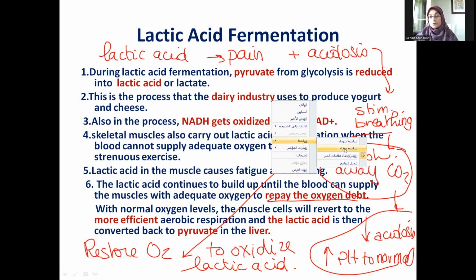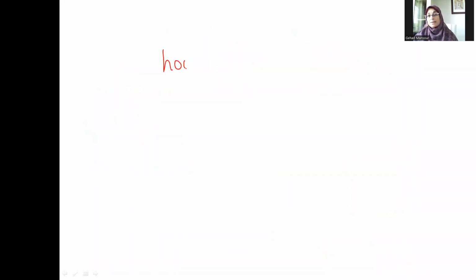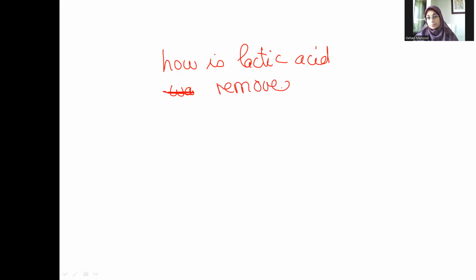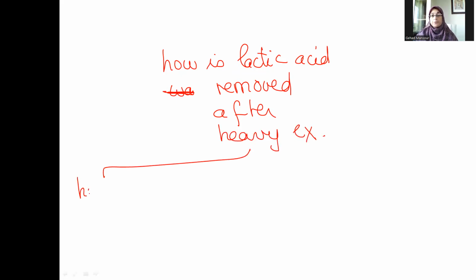The last thing to do is, how is lactic acid removed after heavy exercise? So what you do is to hyperventilate, to breathe rapidly.